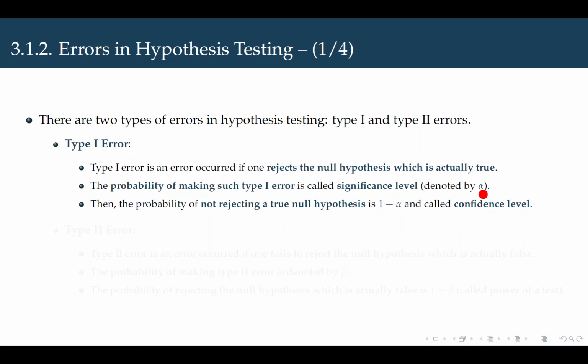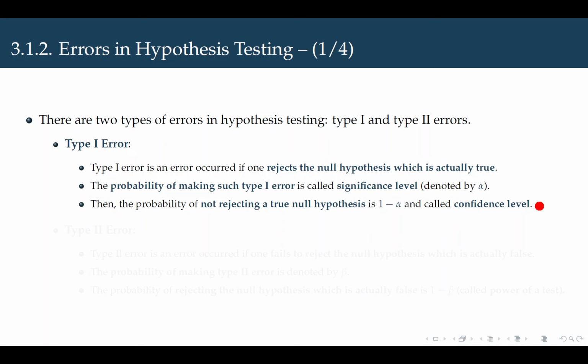Now, if the probability of rejecting a true null hypothesis is alpha, then the probability of not rejecting a true null hypothesis is 1 minus alpha, and this is called confidence level. Alpha is the probability of rejecting a true null hypothesis. Then the probability of not rejecting a true null hypothesis is 1 minus alpha, which is called confidence level.